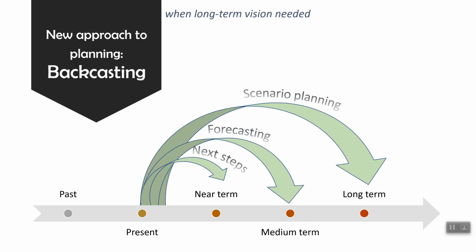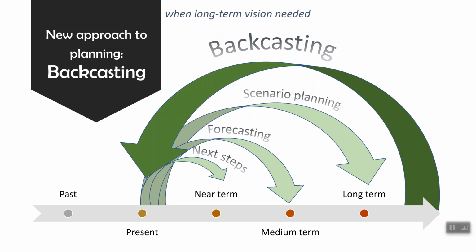Even scenario planning, which we're going to examine next, looks at circumstances that might affect business success in the long term and develops contingencies that can help a business overcome any uncertainties or take advantage of opportunities. Backcasting, though, takes your long-term vision and brings it forward to the present planning so that you can move in the desired direction.